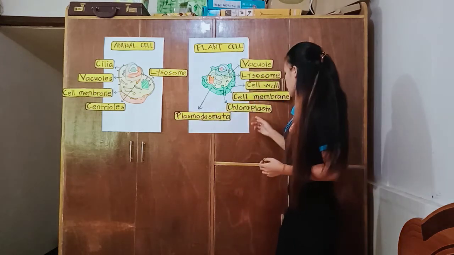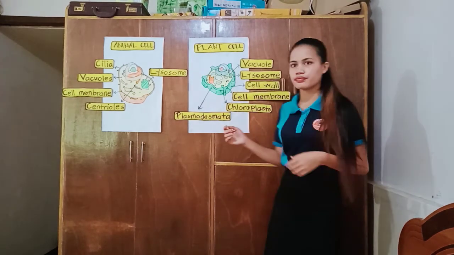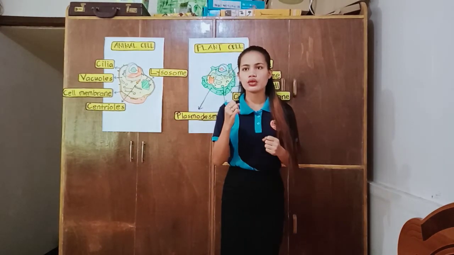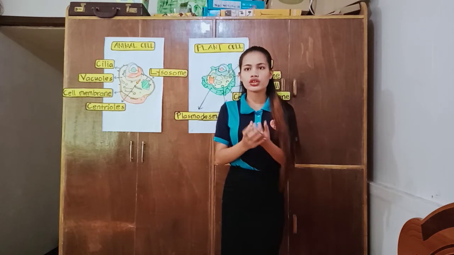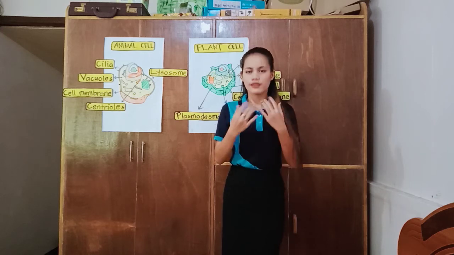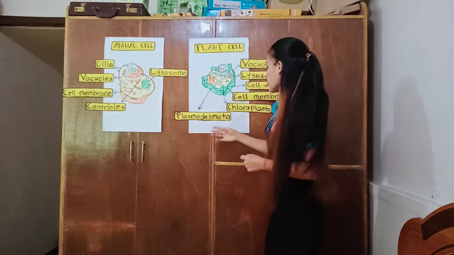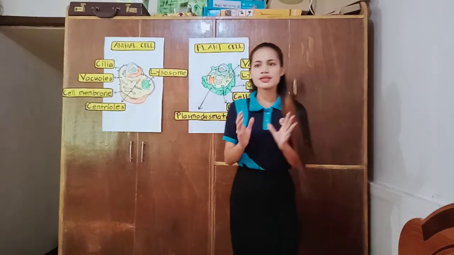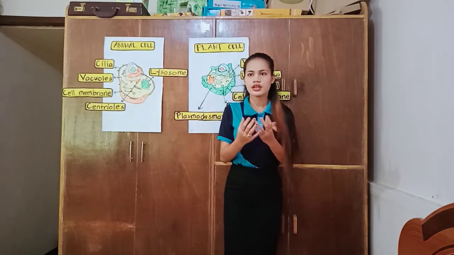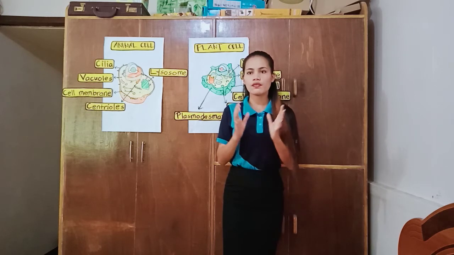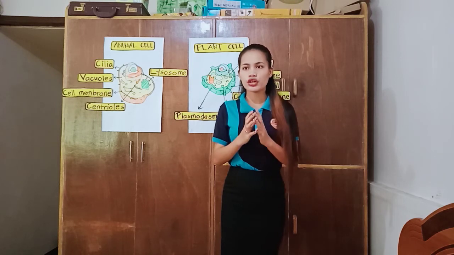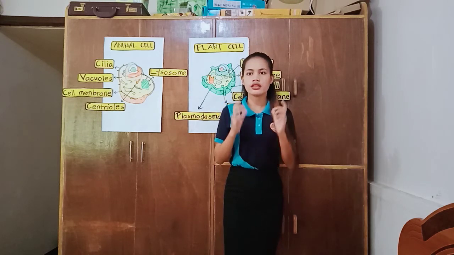And the fifth one is chloroplast. Chloroplasts absorb sunlight and use it in conjunction with water and carbon dioxide gas to produce food for the plant. And the last one is plasmodesmata. Plasmodesmata are microscopic channels which traverse the cell wall of plant cells and some algal cells, enabling transport and communication between them.